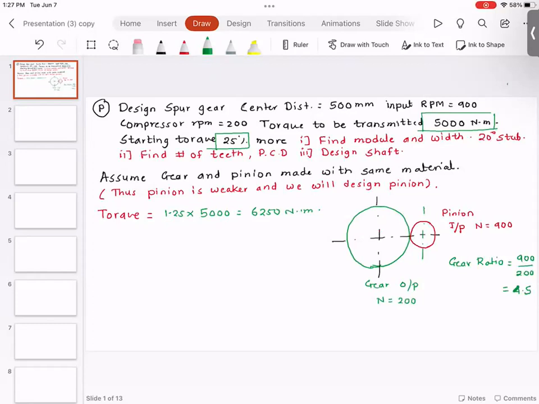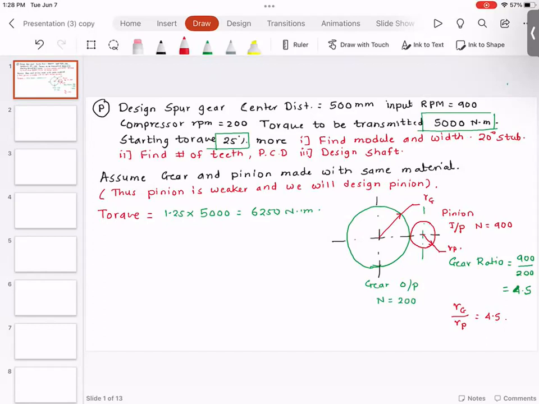What that means is the radius of the gear divided by the radius of the pinion is equal to 4.5. That is required to maintain this gear ratio.